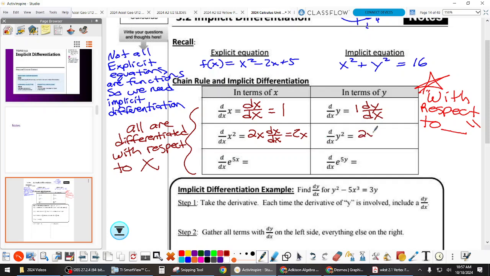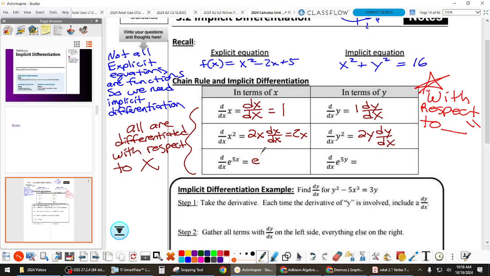So this is 2y dy/dx, because we have to note that we are taking that derivative with respect to x. Again, it's not a fraction, but you can think of it as, well, it doesn't simplify down. How about this one? You guys remember your exponential derivative of e? So we have two things, right?